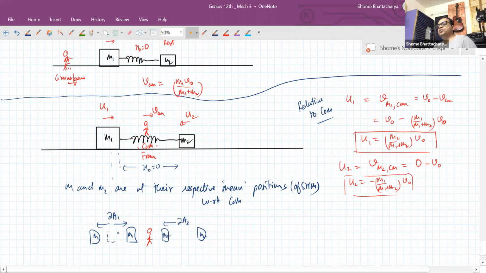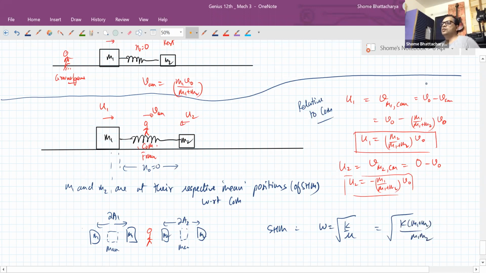And this is when they were at mean position. Okay, so I know that they will do SHM with omega equal to square root of k by mu.